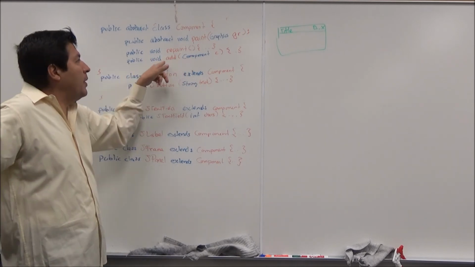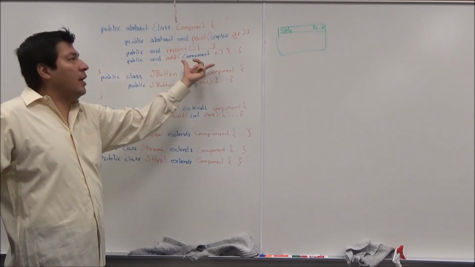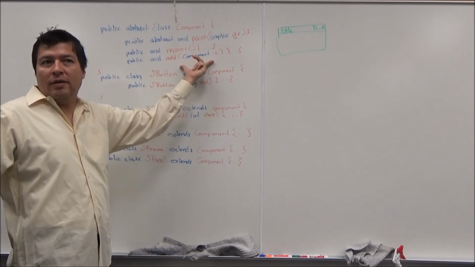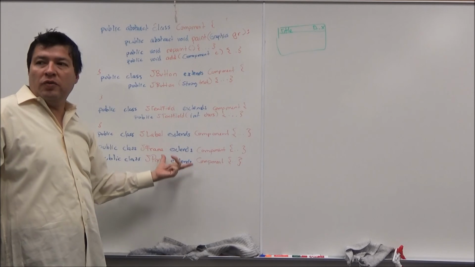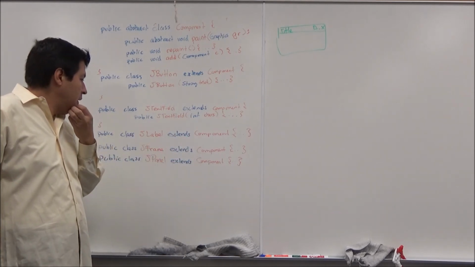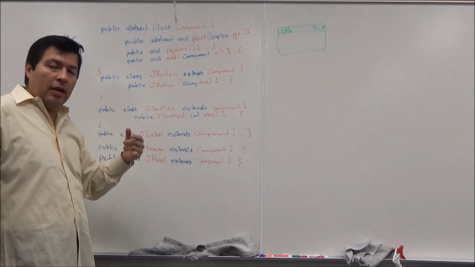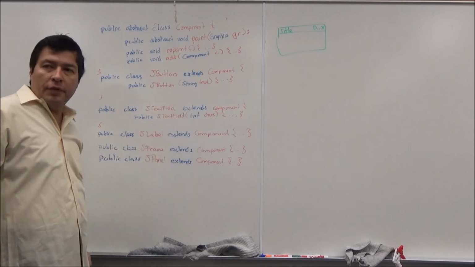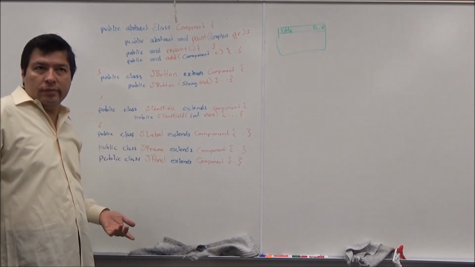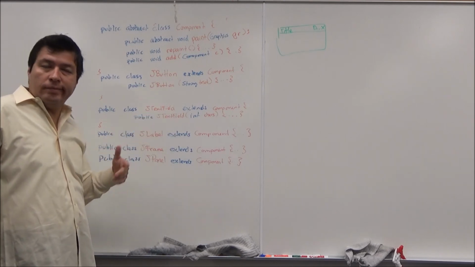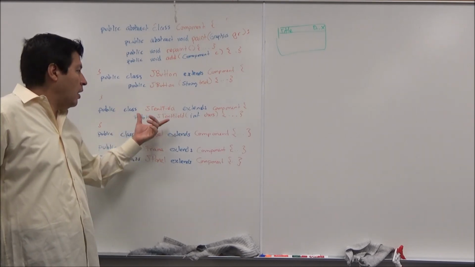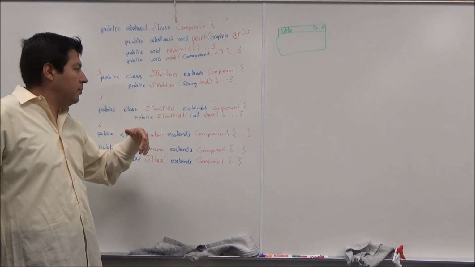I don't have a method add for each one of them. I just take the component, which is the parent, and then I don't lose the identity of the children when I add it. If I want to access what did the user enter in the text field, then I'll call this method called getText.